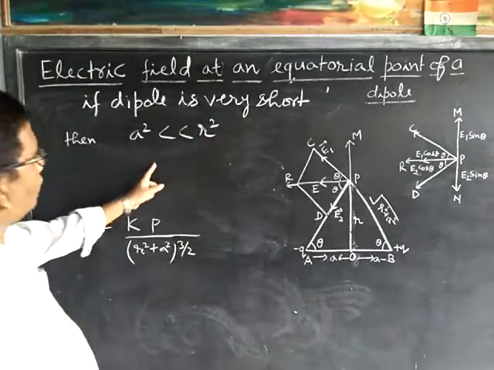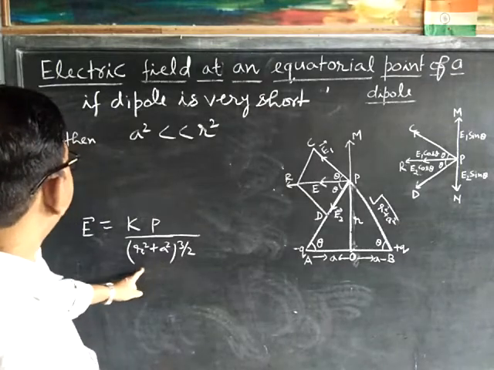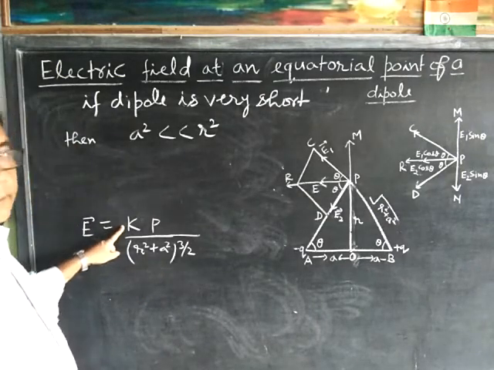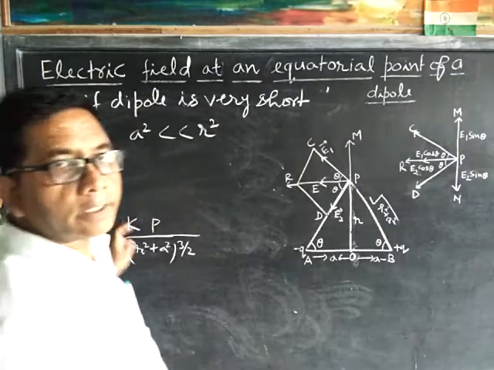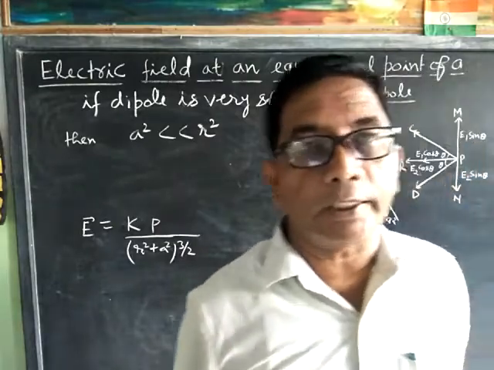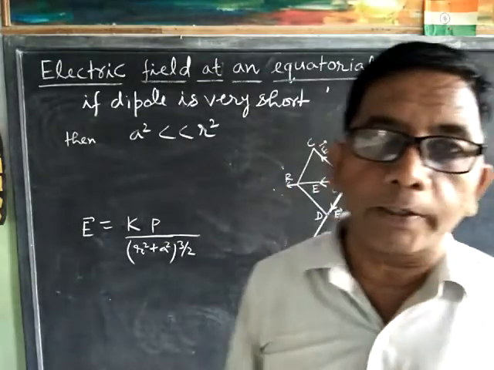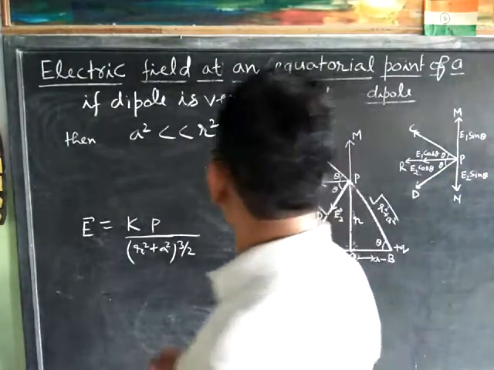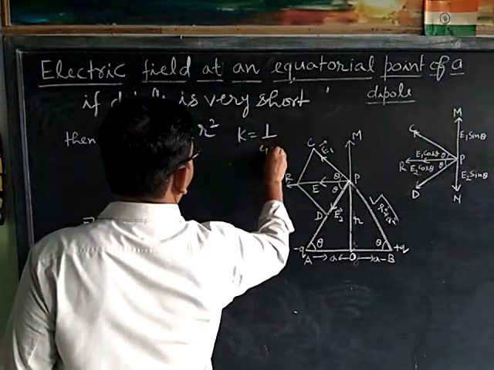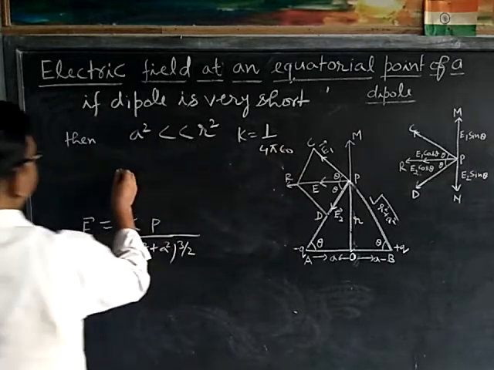We will ignore A square, and put K is equal to 1 upon 4 pi epsilon naught. K, what is K? Electrostatic force constant, and its value is 1 upon 4 pi epsilon naught, you know it. K is equal to 1 upon 4 pi epsilon naught.